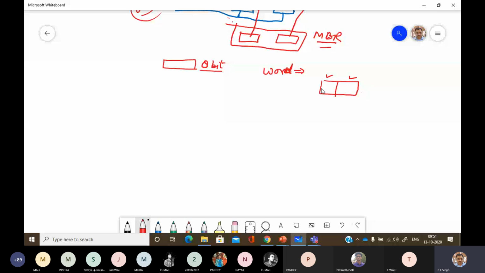So to write this information, we just give the address of the least significant byte. This is 0, this is 1.